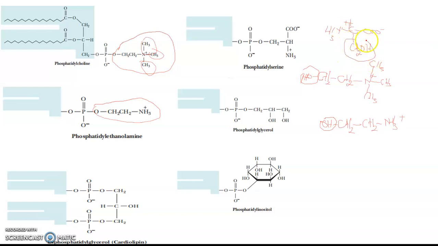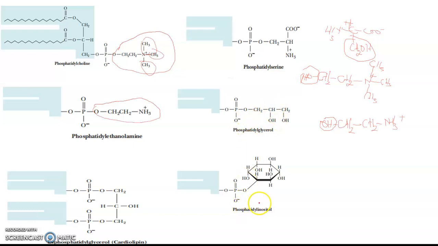This is an amino acid serine. It is the hydroxyl group at this point that is esterified here. That is why it's called phosphatidylserine. So we have phosphatidylglycerol, where the same glycerol is bonded to the phosphate group.